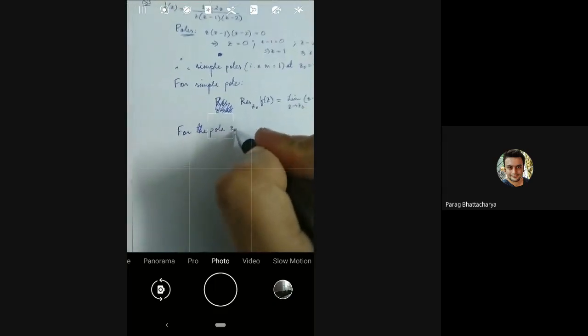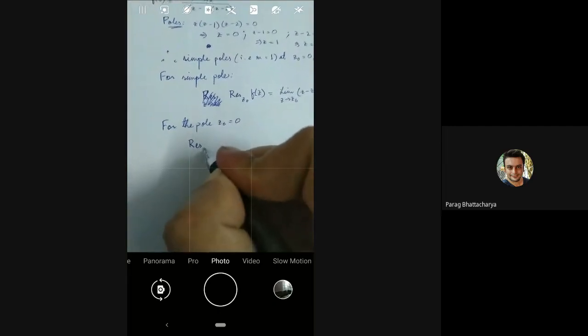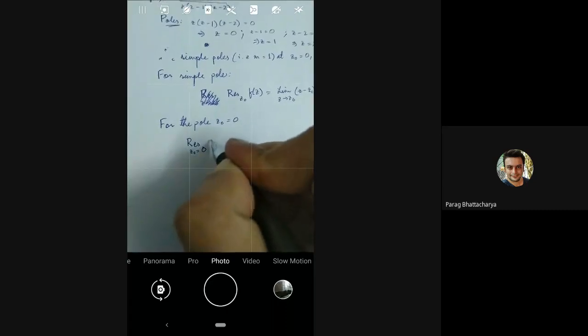So for the pole z naught equal to 0, what is the residue at z naught equal to 0 for the same function f of z? All you have to do is just use this formula.